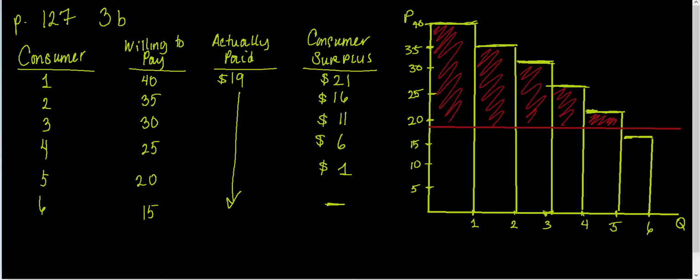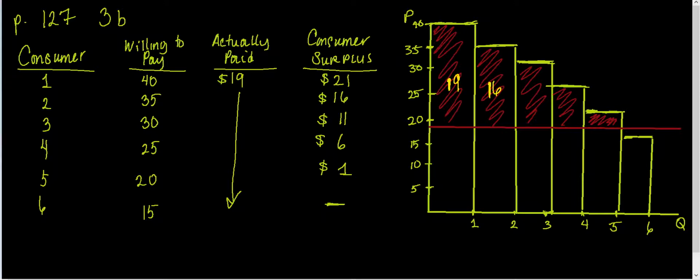And then I have a length of 1 and a height of, it looks like 15, 16. Okay. And then 1 and a height of 19 to 30, so 11. 19 to 25, so that's 6. And then, what is this, to 20, so this is 1.